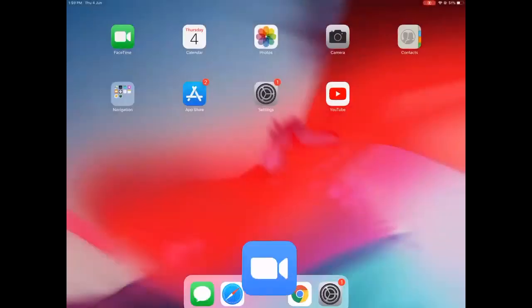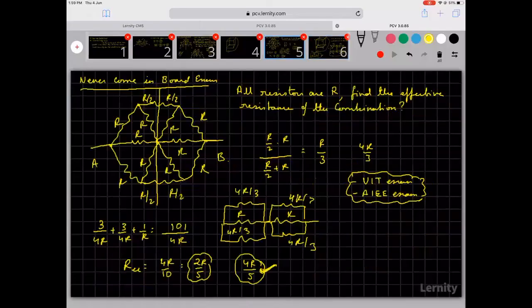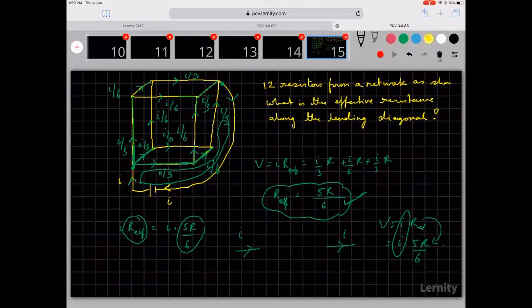So I'm saying that if I into R is something, I explained to you that V is equal to I into R effective.